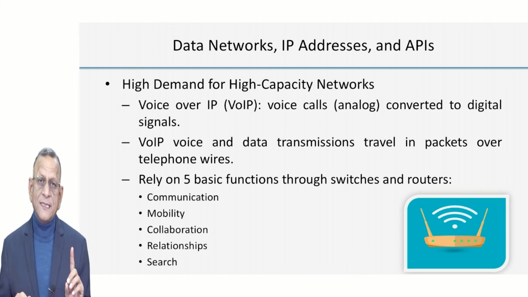If it is red light, then you are supposed to stop. If it is green, it means you are allowed to move. So, switches are the gates. They are allowing movement of traffic in one direction, like traffic signals.